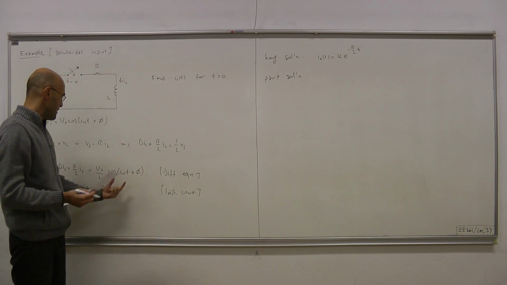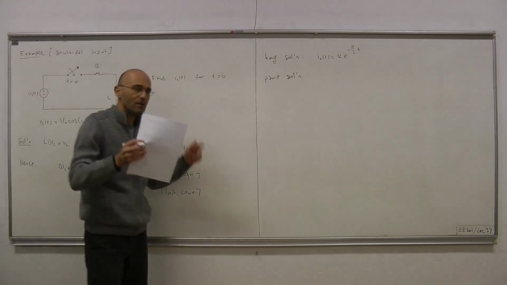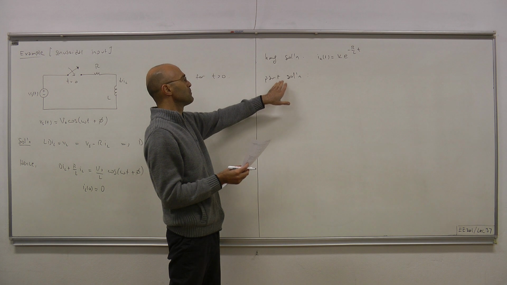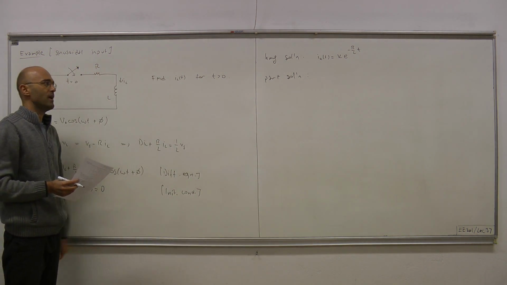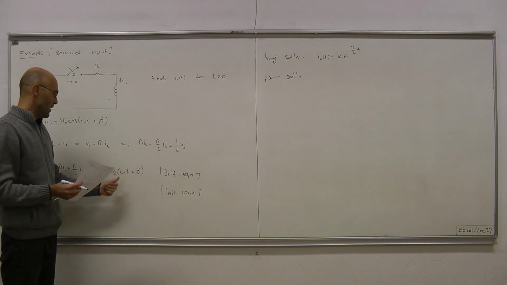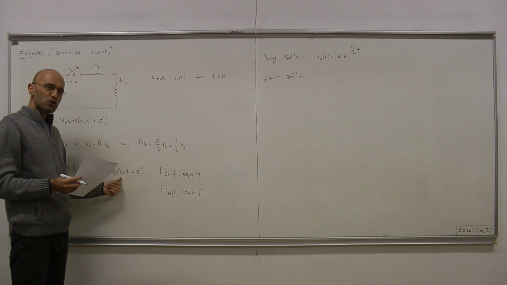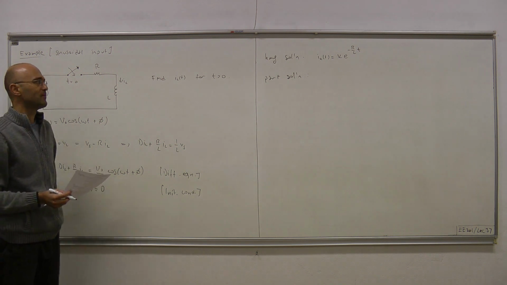Now, when we have this sinusoidal right-hand side, the general idea remains the same. The particular solution must have the same form as the input, the right-hand side. And what the same form means in this case is the particular solution must also be a sinusoidal function with the same frequency, omega.